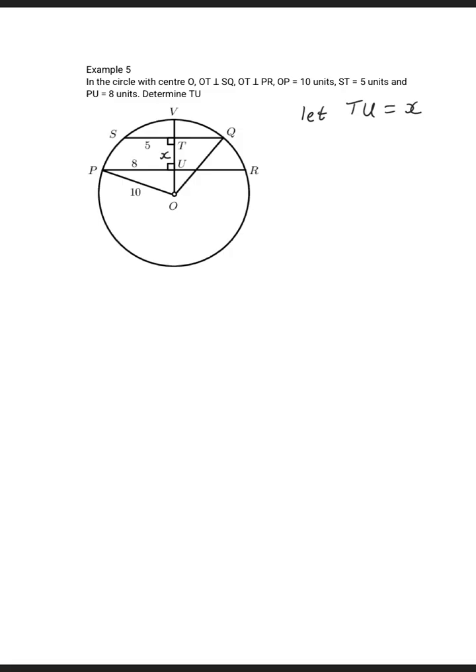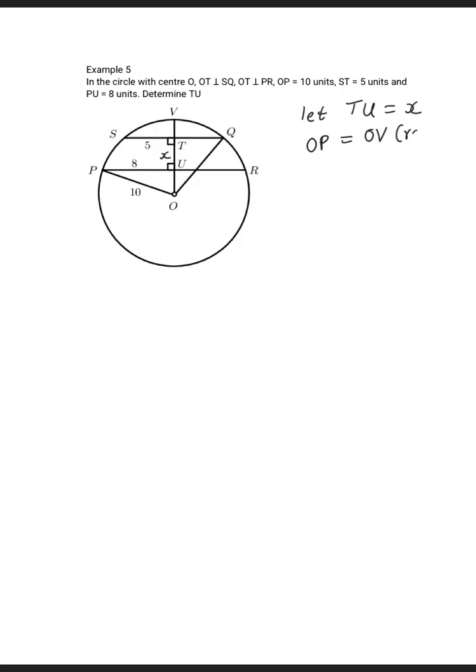Let's see what we have. We want TU, which represents X. We know that OP is equal to OV.